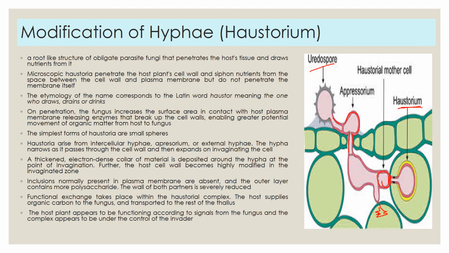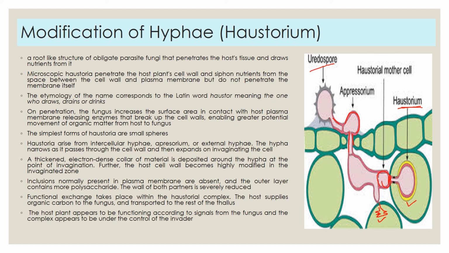Any species of fungi can develop either this finger-like type of haustoria or a bulbous knob-like structure, but one species can never have two types of haustoria. So these are the two types of haustoria, but the function is the same, that is to absorb nutrients from the plant.